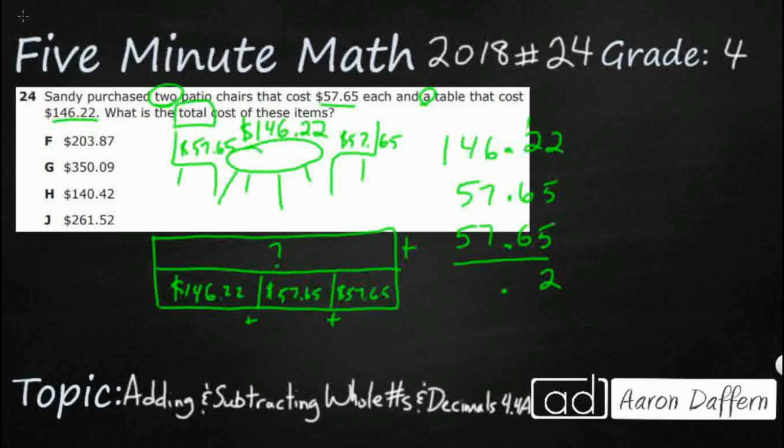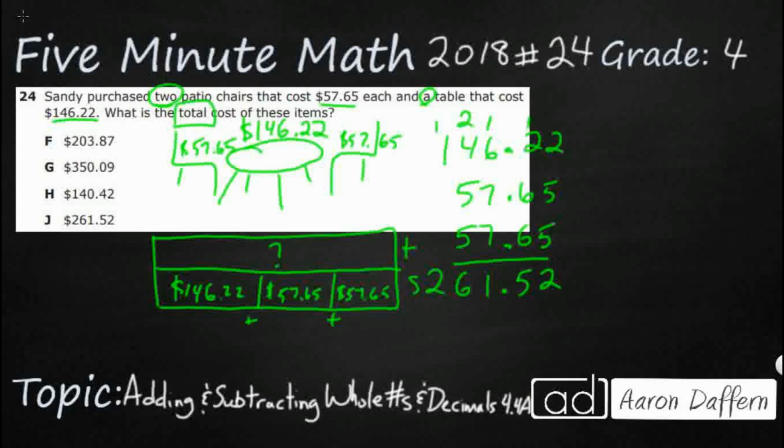So let's see, I've got 6 and 6 is 12. Add the 3 from up there, that's 15. If I add my 1 and my 6, I've got 7. Then I've got 3 7s. 7, 7, 7. That's 21. 5 and 5 is 10. Add the 2 and 4 is 16.